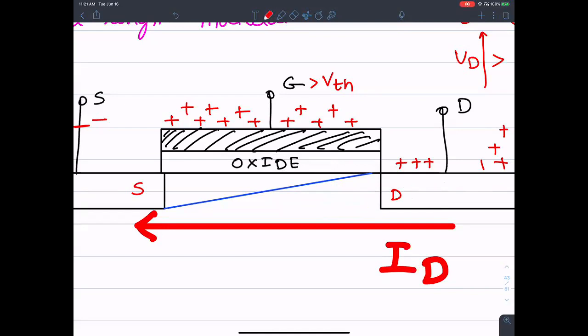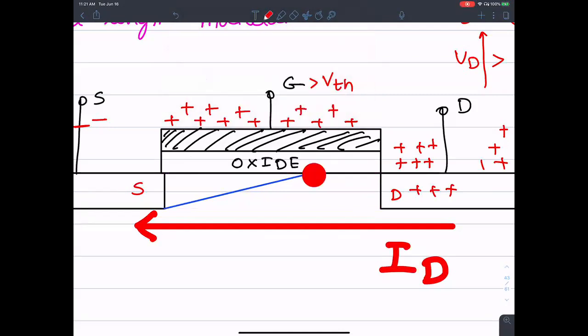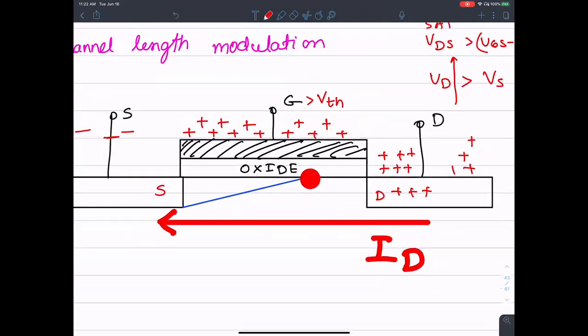If I further increase the positive voltage, the effect of the drain is going to extend farther towards the source, and it's going to keep pinching off that channel closer and closer towards the source. In other words, the drain extends its arm closer and closer towards the source as we have a higher and higher drain potential. Does that make sense?